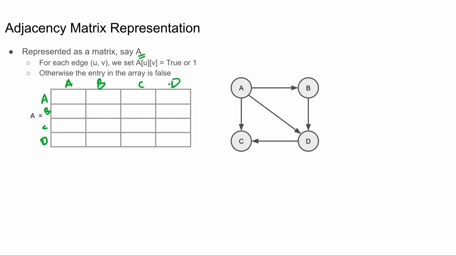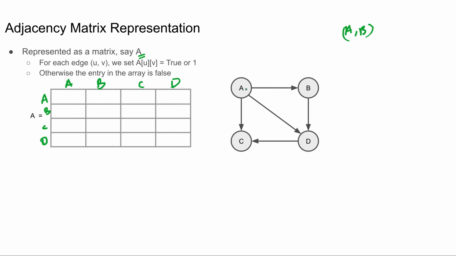Now we will decide what values have to be given for each of these elements. The criterion is for each edge (u, v), we set A[u][v] equal to true or 1. If you look at this diagram, A, B is an edge.